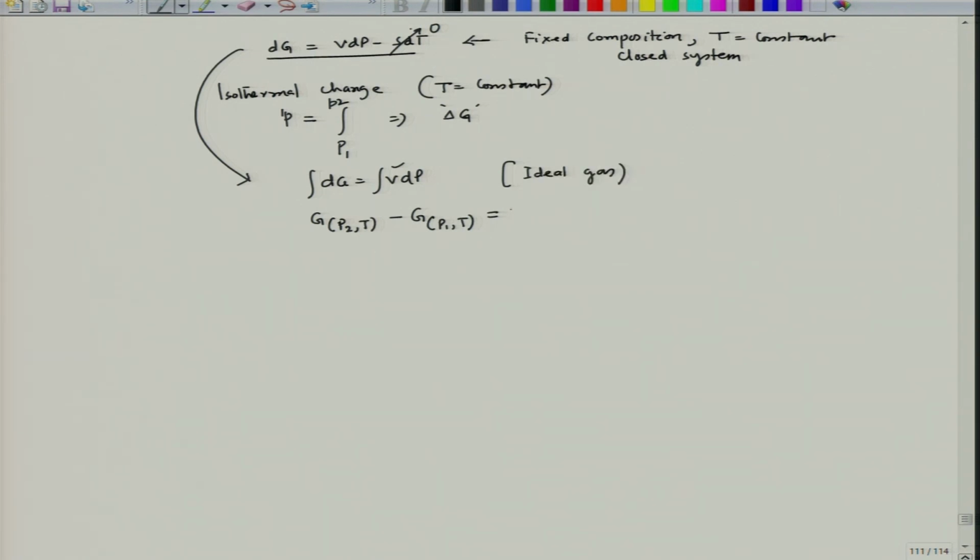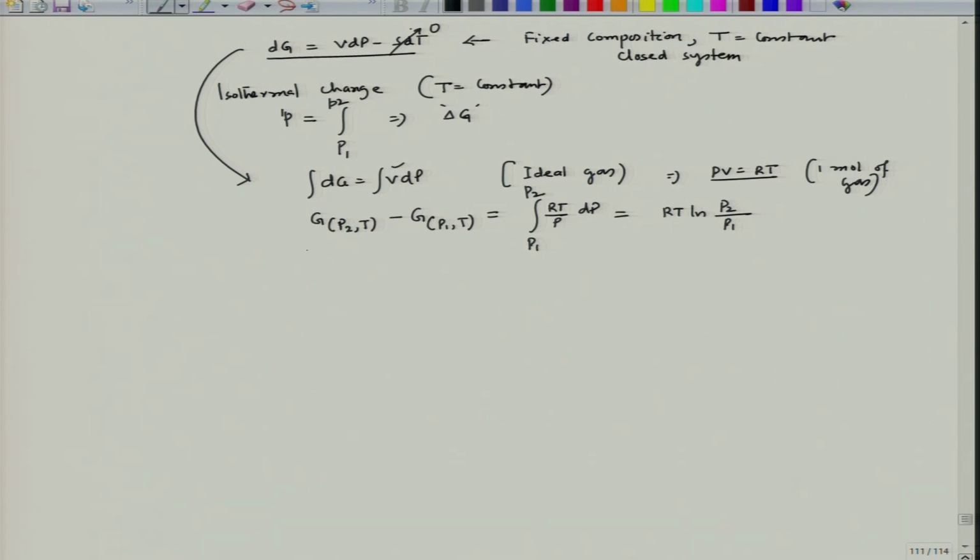For an ideal gas, I can take it as RT/P dP, integrated from P1 to P2. Now, since the equation of state for an ideal gas is PV equal to RT for 1 mole of gas, this will become RT ln P2 by P1.